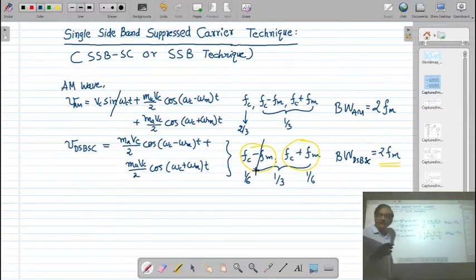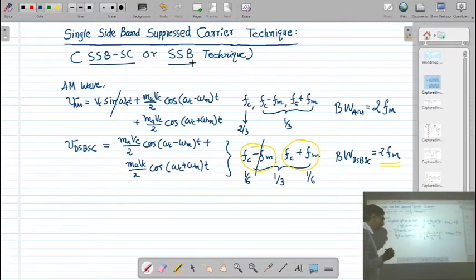In this way we have the advantage that we can reduce the bandwidth as well as save the power, and therefore we have another type of technique, which is called the single sideband suppressed carrier, or the SSB technique.